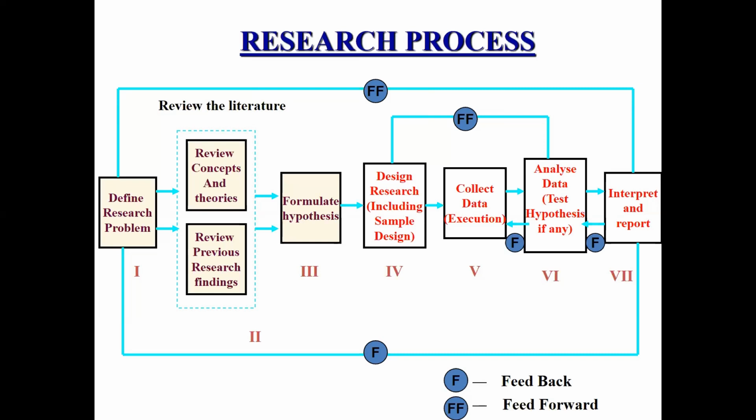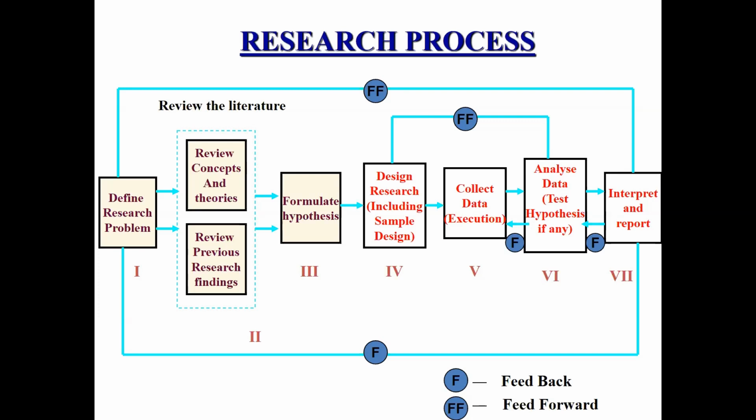Because they should know at least the last 10 years of what happened in your area, what the innovations are, and what you are going to do. So first is to review the literature, define the research problem, review concepts and theories. What concepts did they use in 1960, 70, 80? Review previous research findings. You have to review, then only will you become strong in your research.